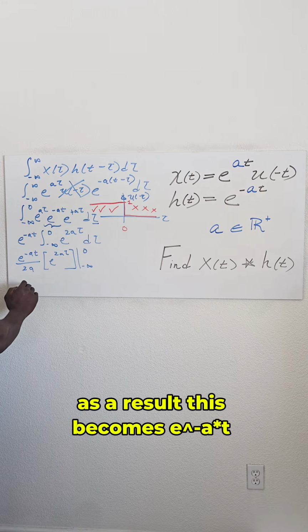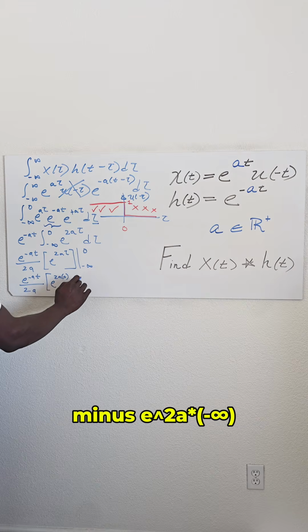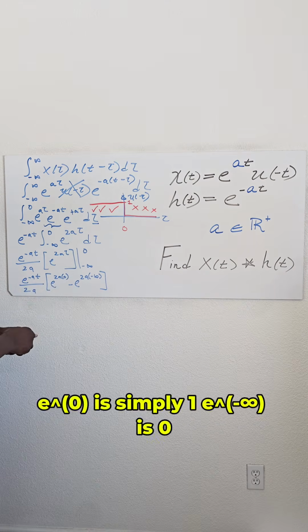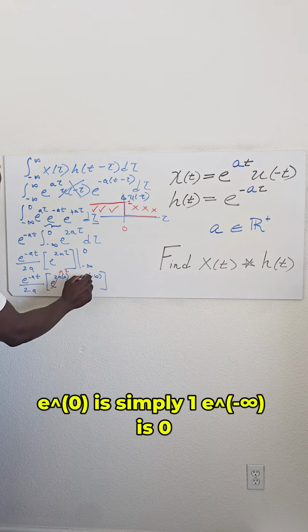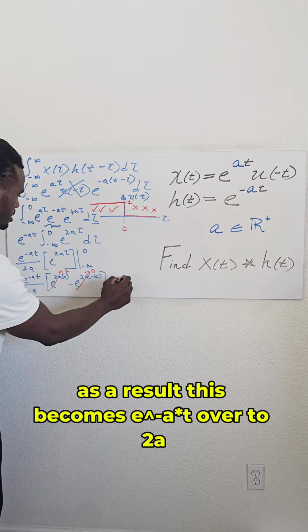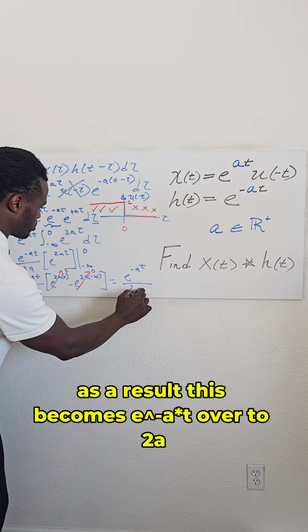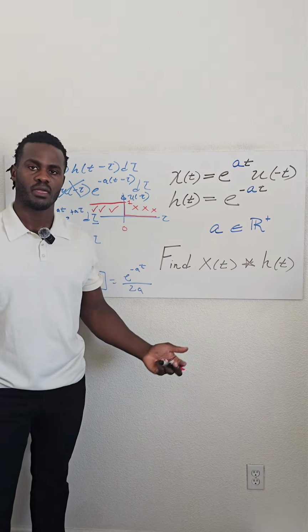As a result, this becomes e to the minus at over 2a times e to the 2a times 0 minus e to the 2a times negative infinity. E to the 0 is simply 1. E to the negative infinity is 0. As a result, this becomes e to the minus at over 2a.